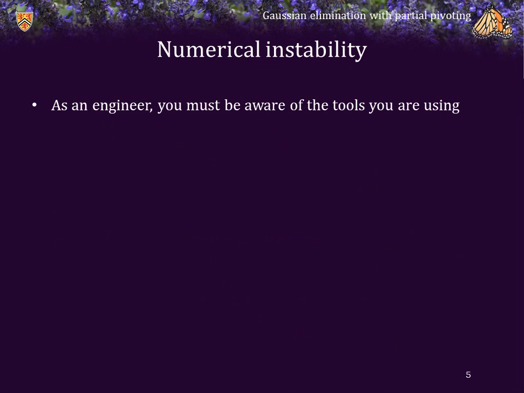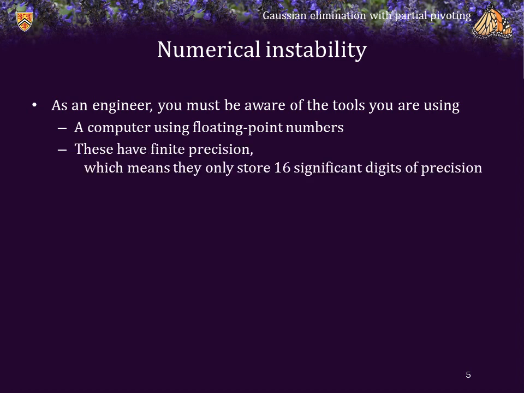Now, as an engineer, you must be aware of the tools you are using. A computer is always going to use floating point numbers. That is, it will represent every real number as a finite approximation. So only a fixed number of digits will be stored.